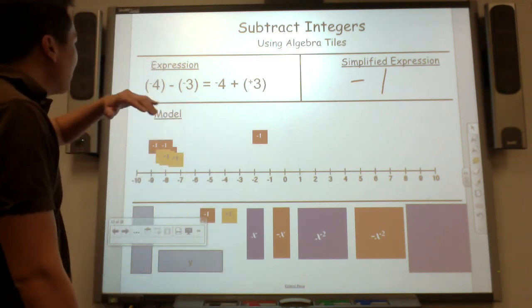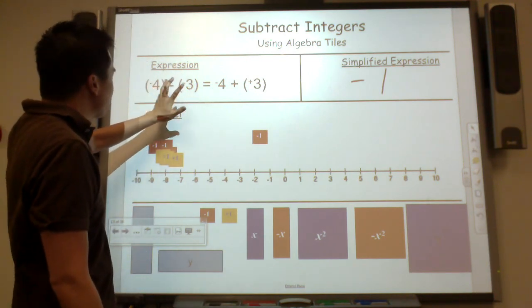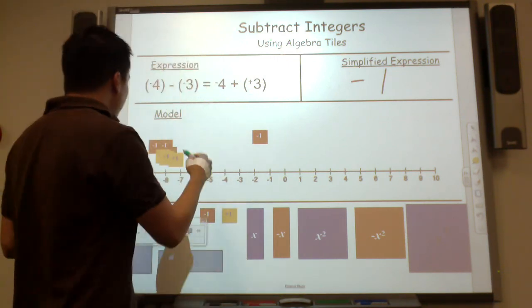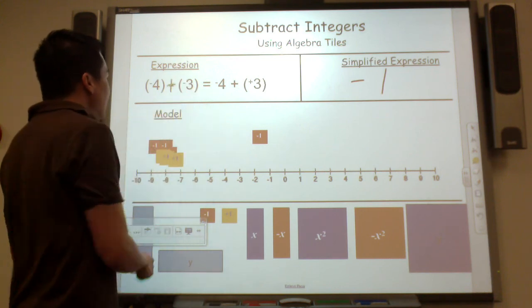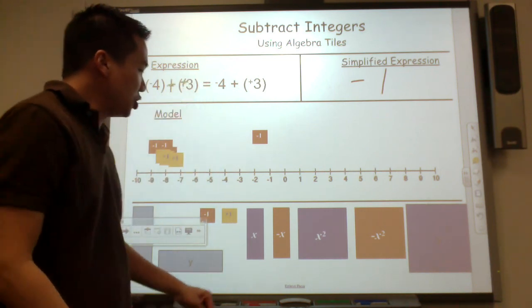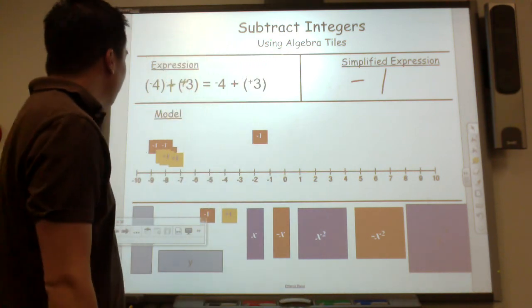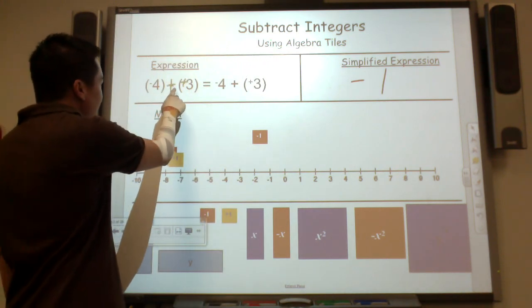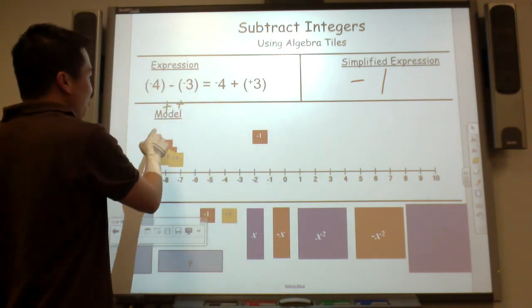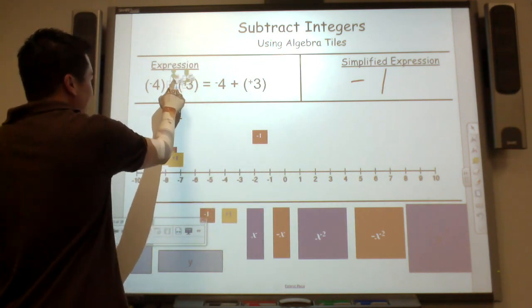So how did they rewrite this first expression to this expression? They changed the minus to a plus, changed the sign of the next. Then all you do is add them up as if they were a plus. So negative 4 plus positive 3 is negative 1, which is the same as negative 4 minus negative 3.